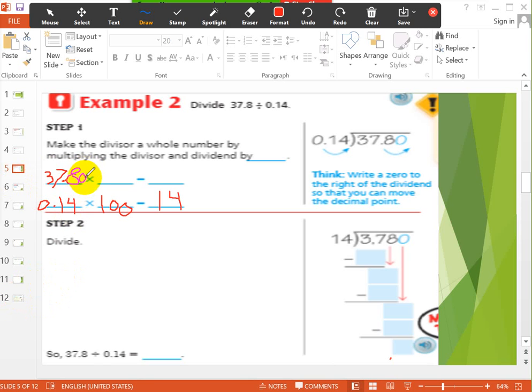So it's okay if I write 0 or if I don't, the value is the same. When I multiply the divisor with 100, I must multiply the dividend also with the same power of 10. So I have to choose the same number. I can't choose 10 here. It's not optional for me.